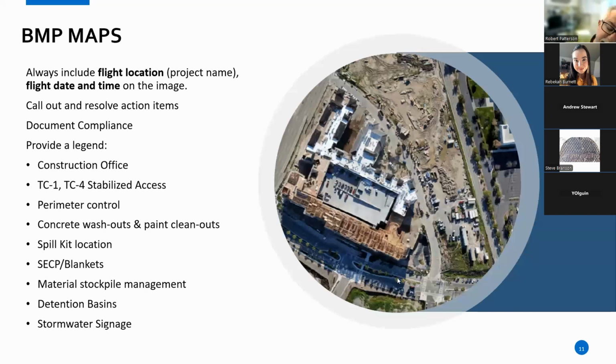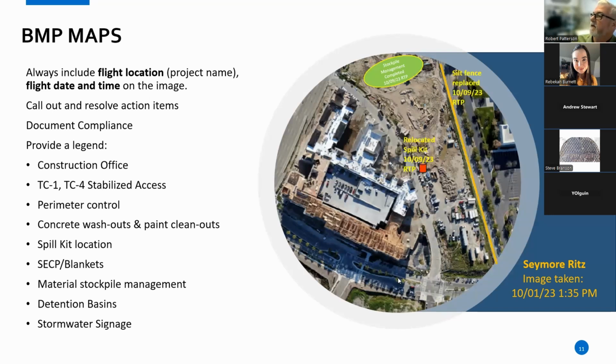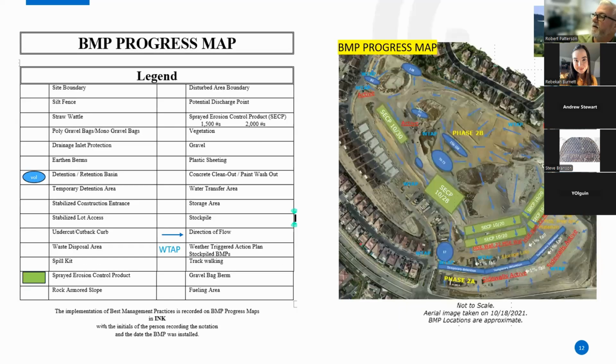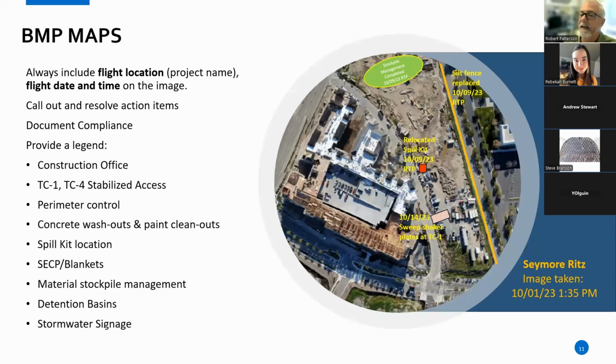We find that by taking the drone image, you've already got a lot of BMPs on the site, and you can just throw in some text, right, like this, and dates. This should have my initials on all of them, but it's a great way to document where your BMPs are located, your perimeter controls, your spill kits, stockpile management, where your construction offices are.